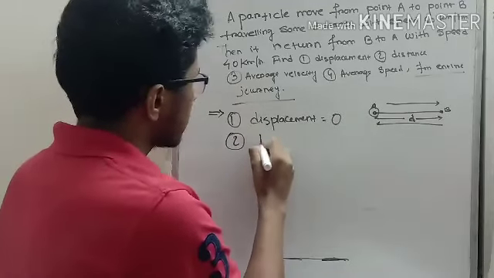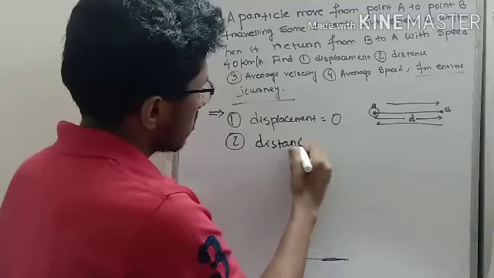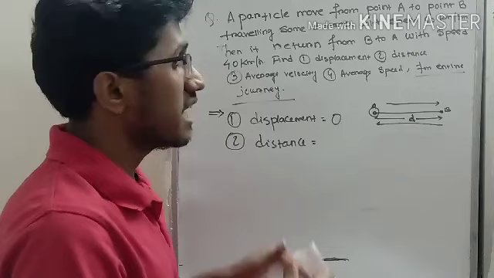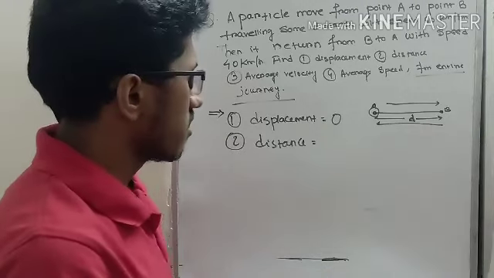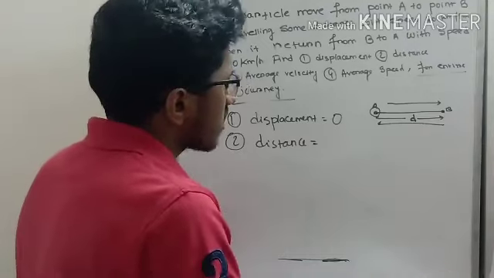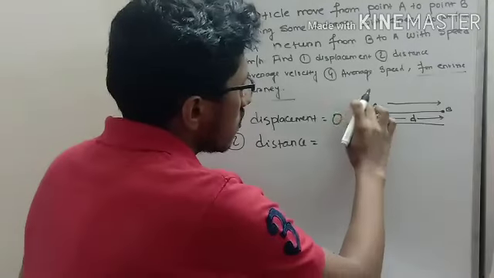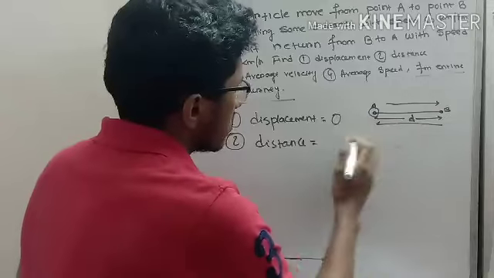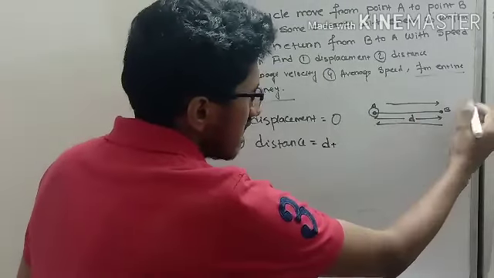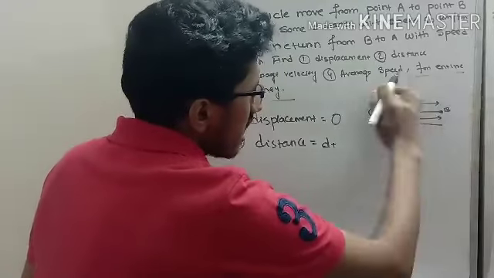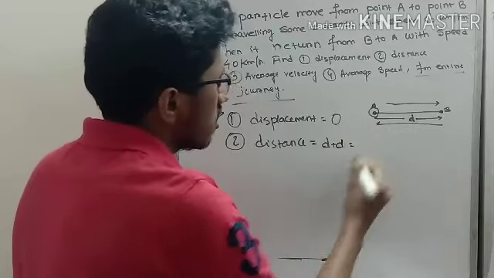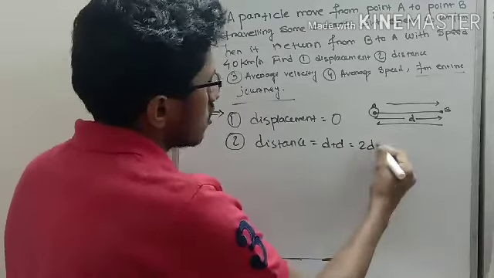And the distance. What is distance? The length covered by an object, or the path covered by an object. So for A to B, the distance is D, and again for B to A, the distance is D. So it becomes 2D.